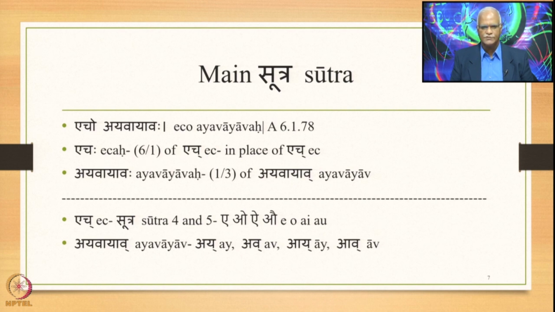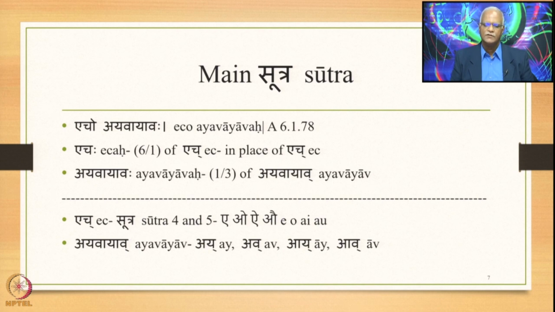The word Achi continues from the previous sutra, and so the meaning of this sutra is that immediately before an Ach, Ik is substituted by Ayavayav. We also studied that Ec is a pratyahara formed capturing the sounds in Sutra 4 and 5 of the Pratyahara Sutras. These sounds are E, O, Ai and Au. And we also have 4 substitutes Ay, Av, Ay and Av.